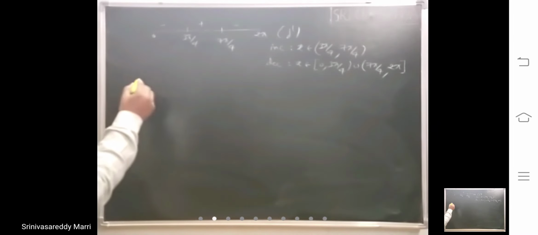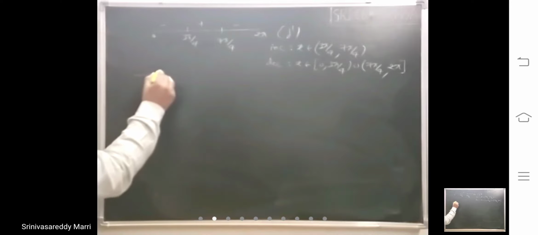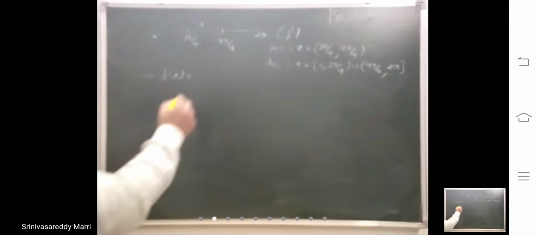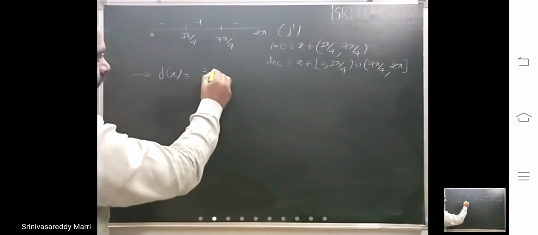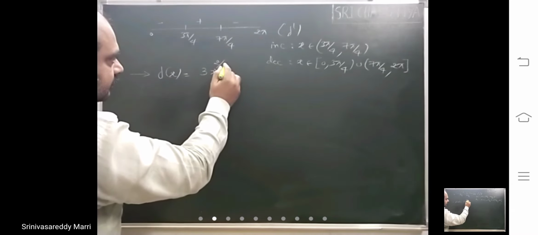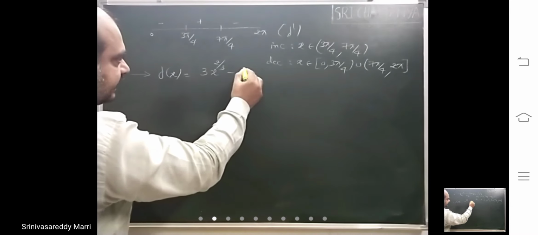Look at the next example. F of x equals 3x to the power 2 by 3 minus x square.